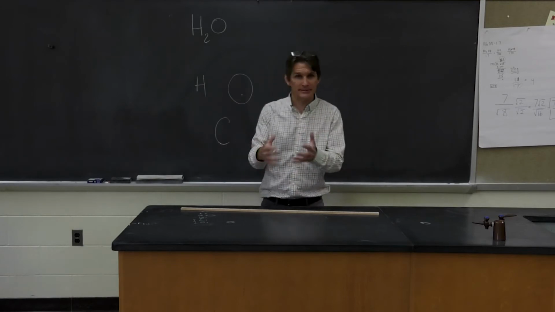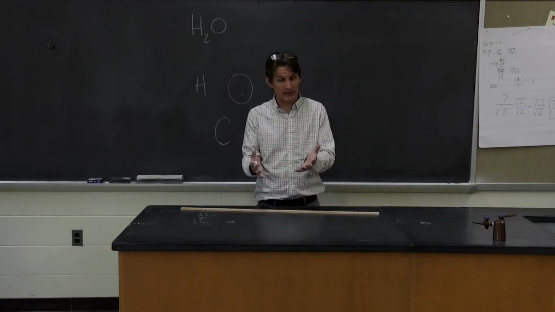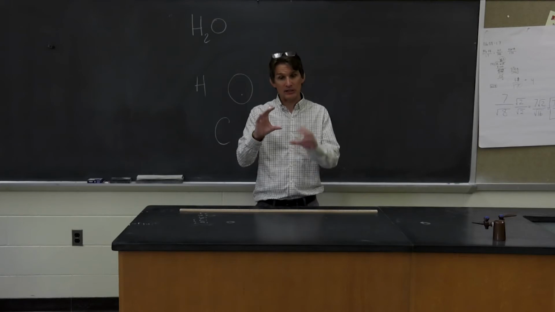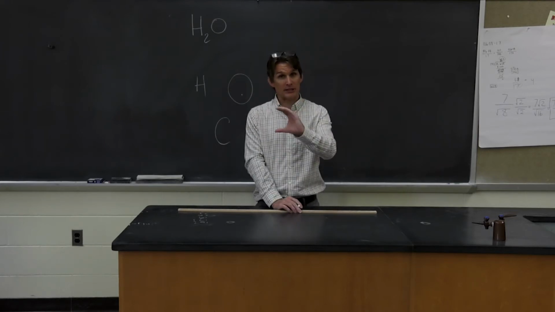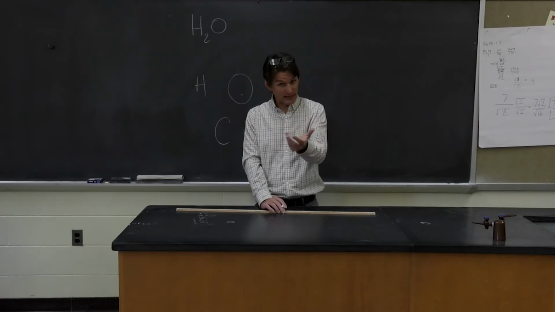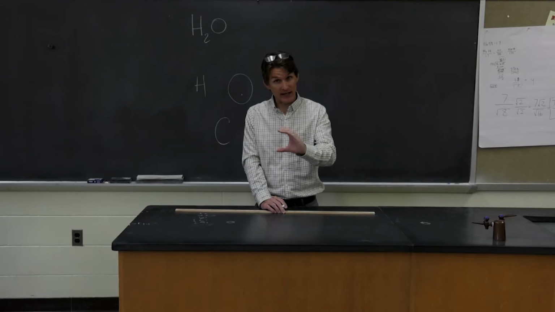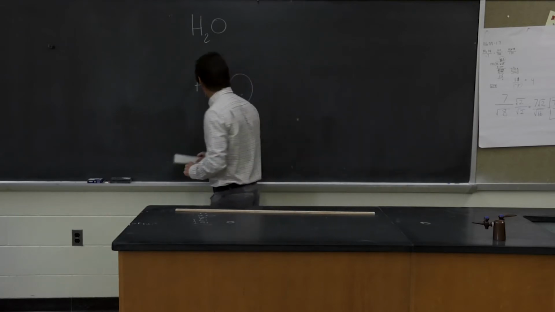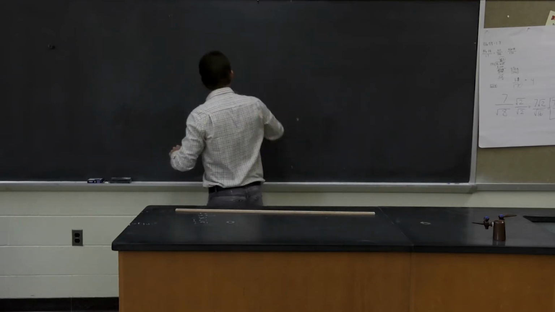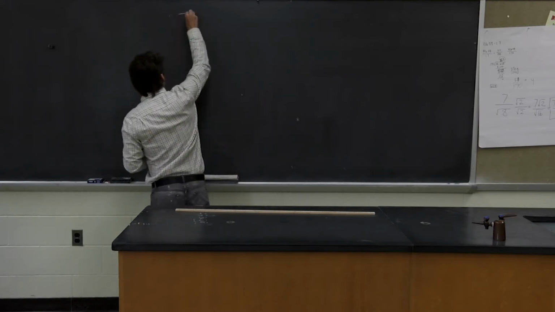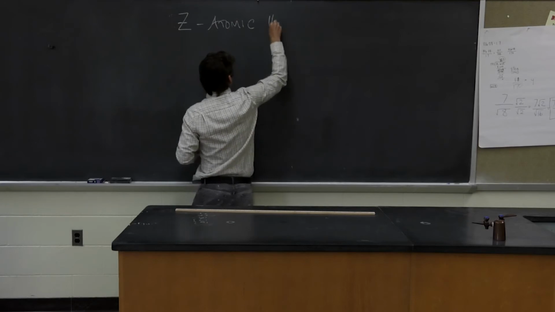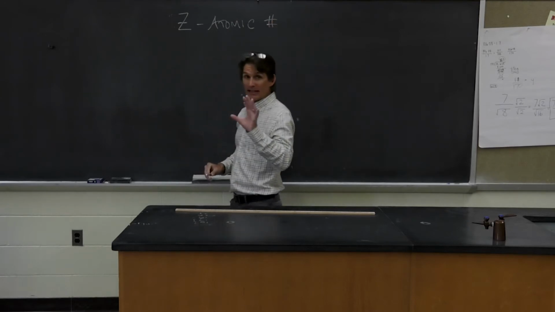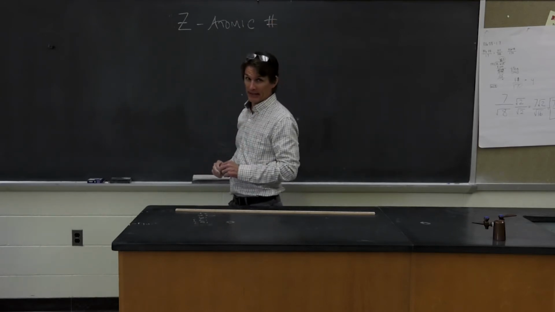Well, they're designated, and if you look on the periodic table of elements, you'll see that each square on the table represents a particular element, which is made of an atom, and that particular atom is identified by its atomic number, which we call Z. The atomic number is the identifying characteristic of an atom.